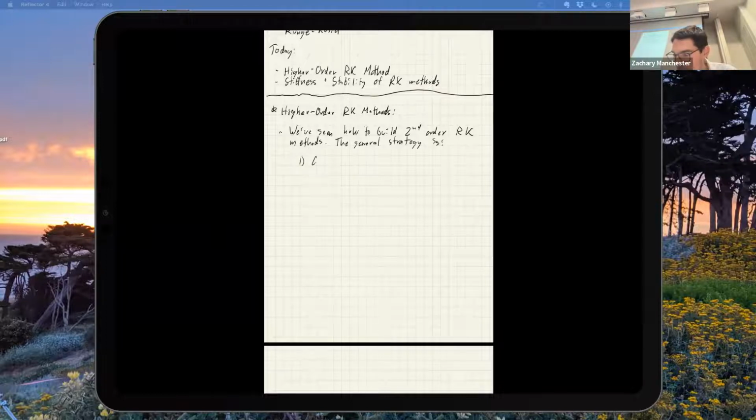If you want to do this in general for arbitrary order, you would first choose a number of stages that you are willing to live with. Choose if you want to be implicit or explicit. Write down the integrator step with undetermined weights on the Fs.